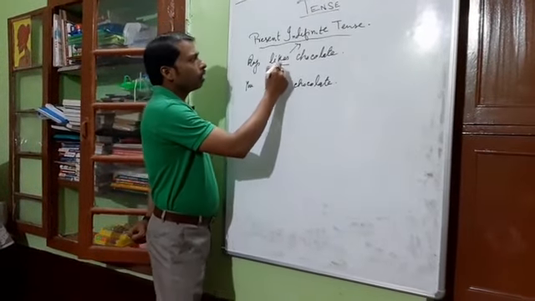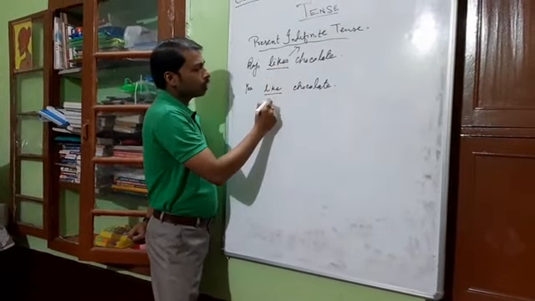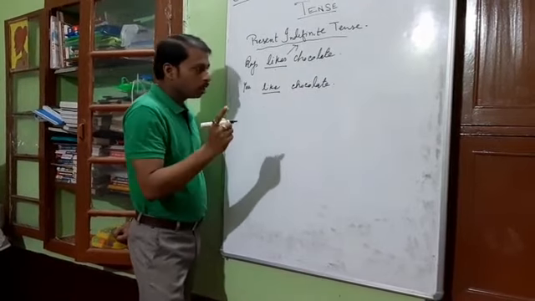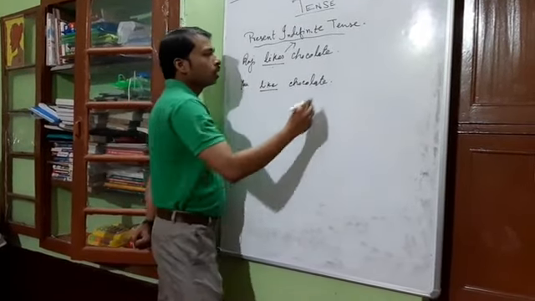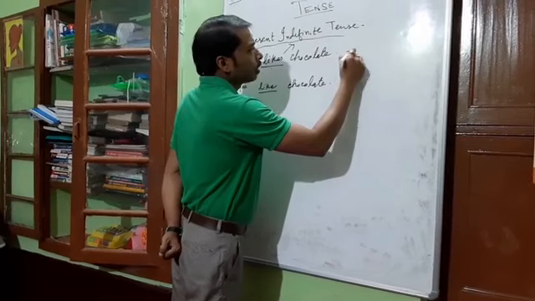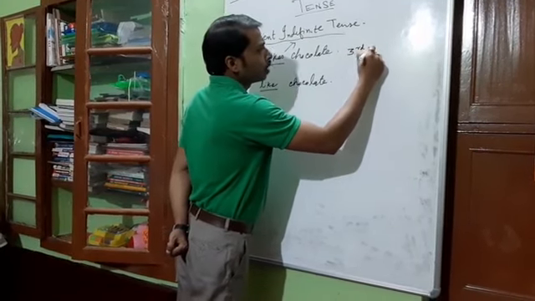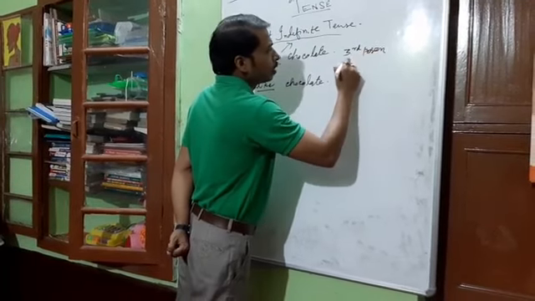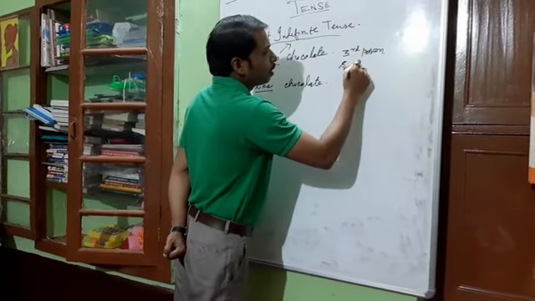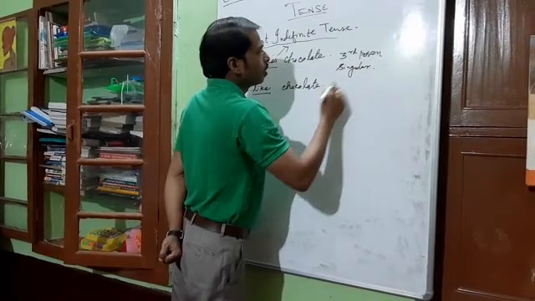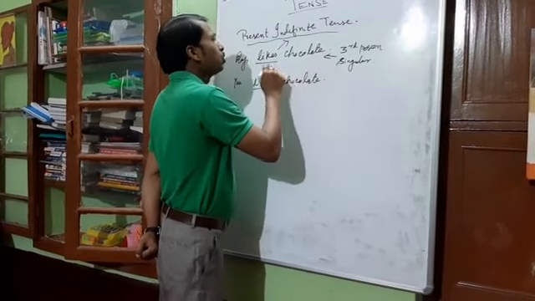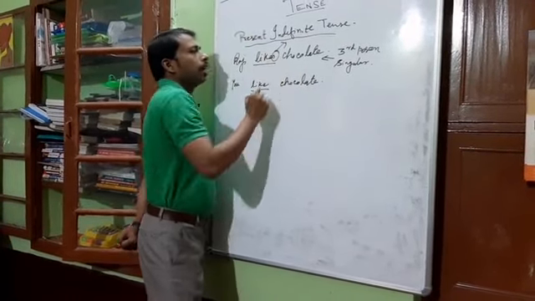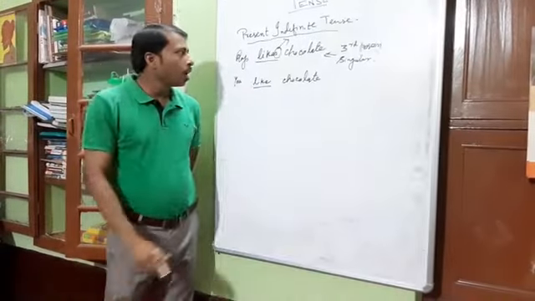Now, here we are using likes, here we are using like. Why? Always keep it in mind, with third person singular number we have to use s or es.